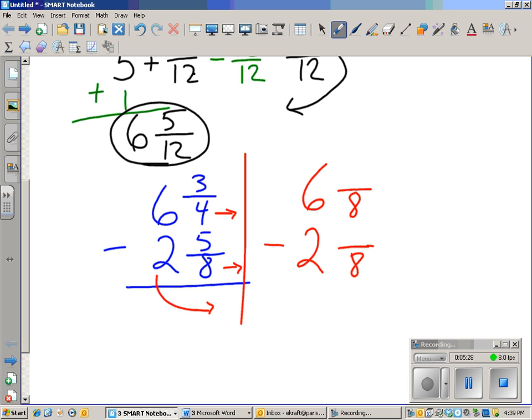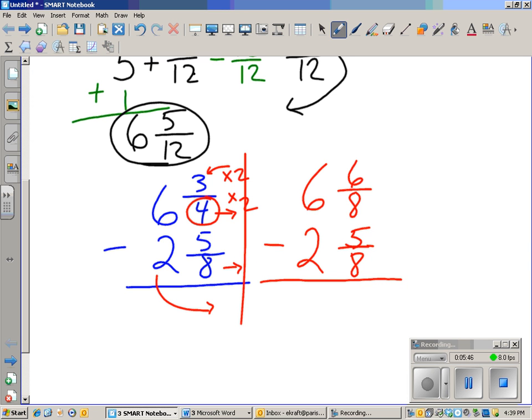And 5/8 gets to stay the same, 5/8. It already had 8s as a denominator. And fourths, what did I do to turn 4 into 8? Well, I multiplied it by 2, multiply my numerator times 2, and I've got 6/8.